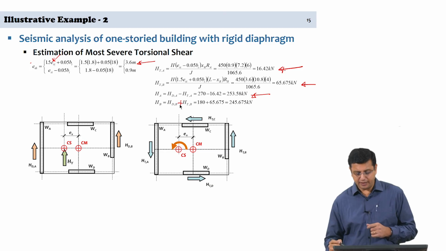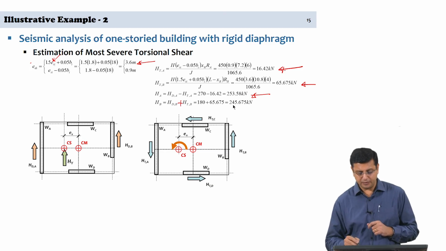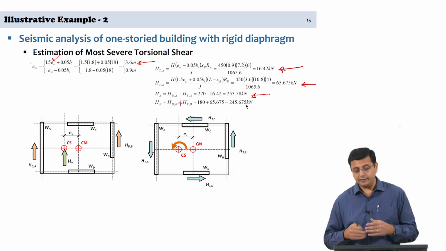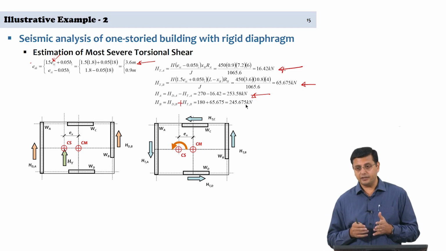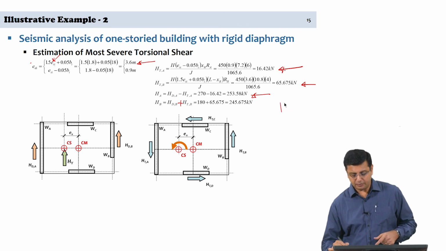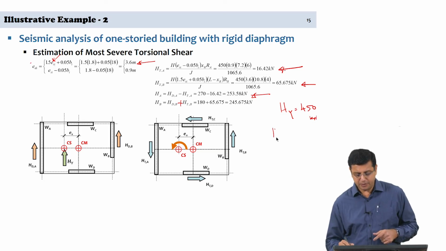You can see that now you can add up the two shear forces, 253.58 and 245.67, and the value is close to 500 kilonewtons, which is different from what HY was. Our HY was 450 kilonewtons, whereas HA plus HB is almost 500 kilonewtons.